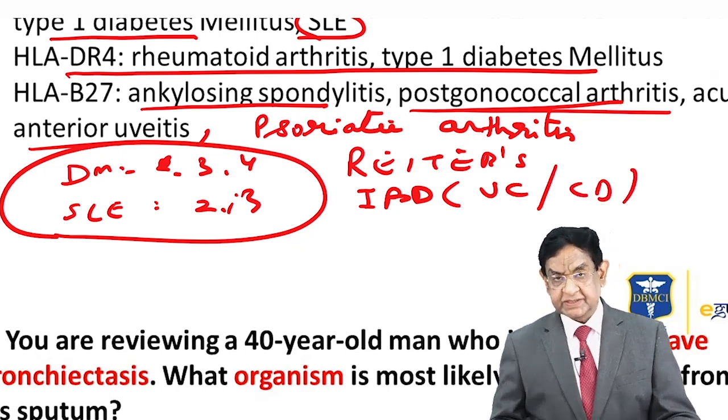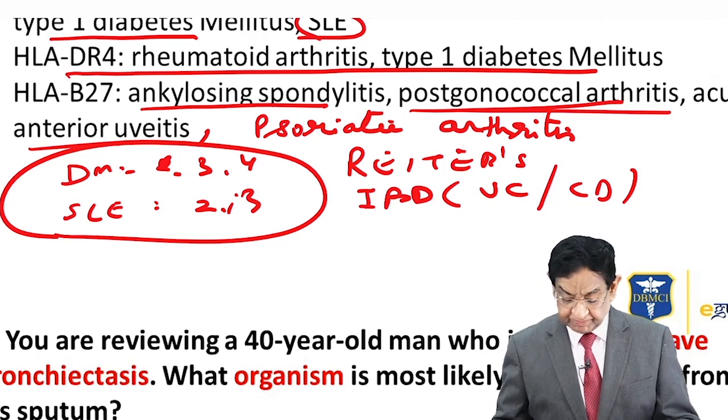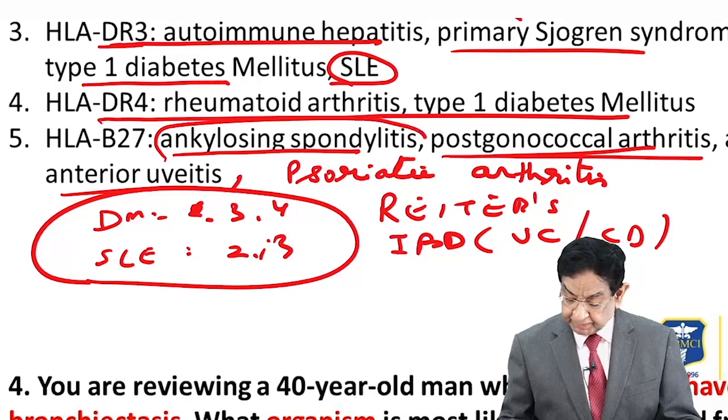These are some of the other causes of HLA-B27 positivity. Out of this, ankylosing spondylitis is the single most important.